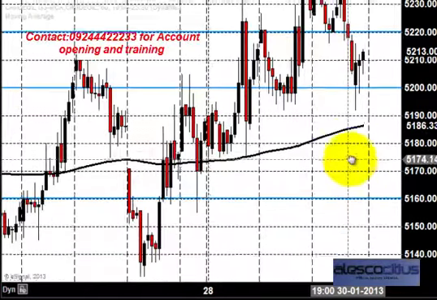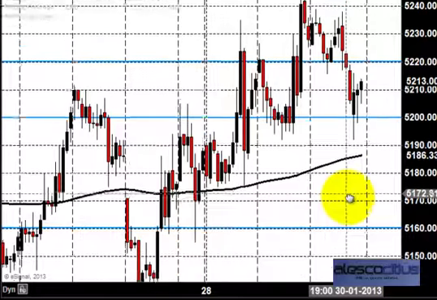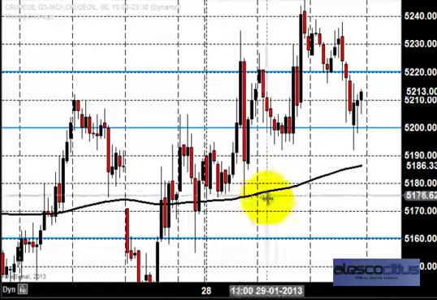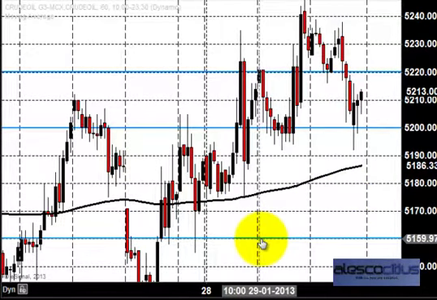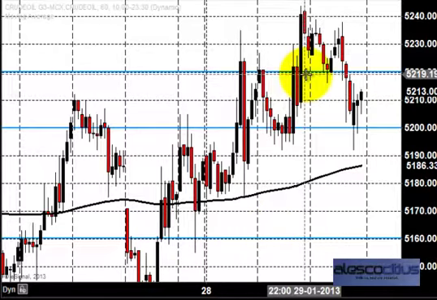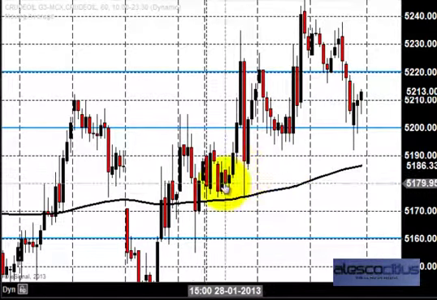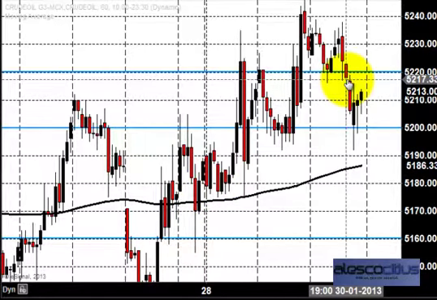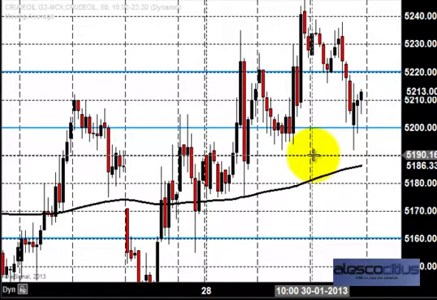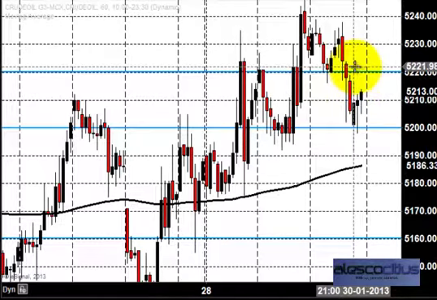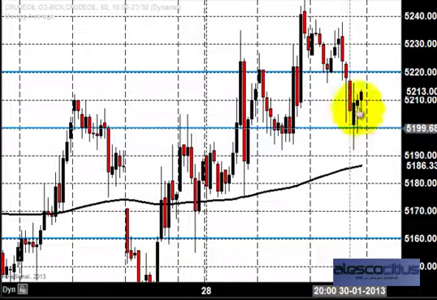We know that the price was consolidating sideways within 5,160, 5,200 and 5,220. These are very strong zones, and the volatility is also low. We are closely monitoring the price action within 5,200 and 5,220.